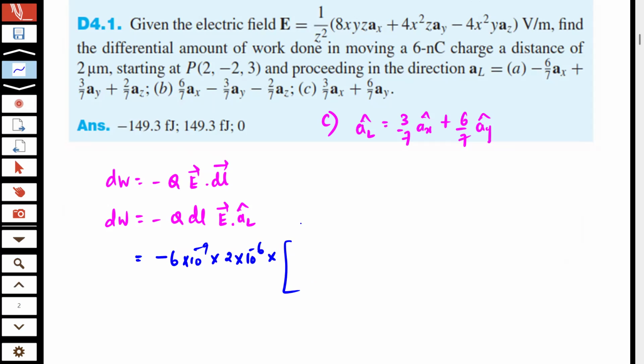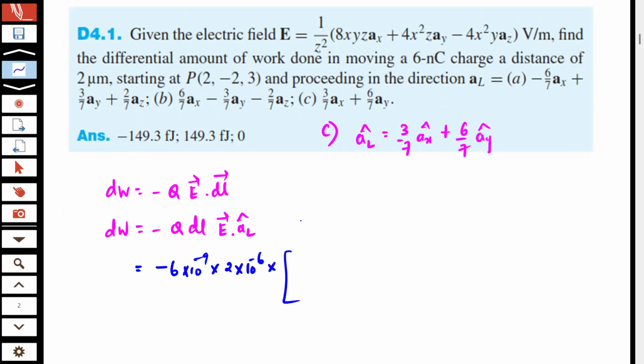So 1 by z square, I have to write as 1 by 9 into 8xyz, that is 2 into minus 2 into 3 aX cap. Then the second one is 4 into 2 square into 3 aY cap.